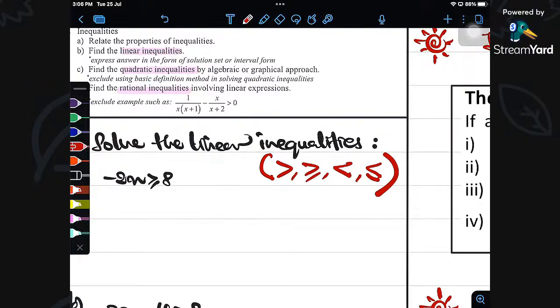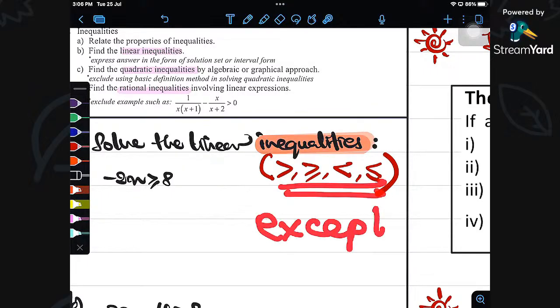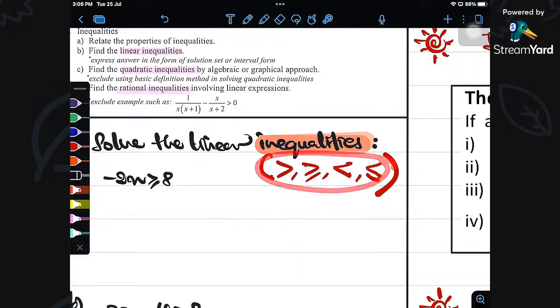So you must really understand that the word inequalities represents everything here except equation. This is the meaning of inequalities. So you better understand that definition. This is a very crucial definition for all of us to understand. We only have these 4 choices for inequalities.